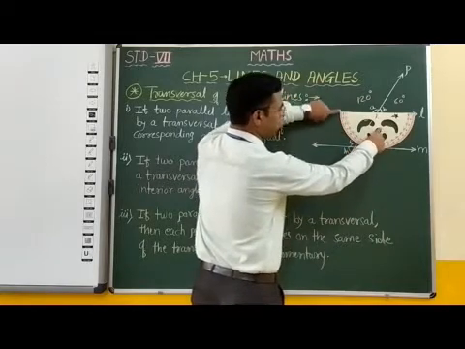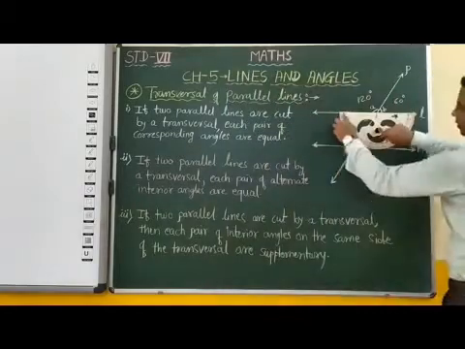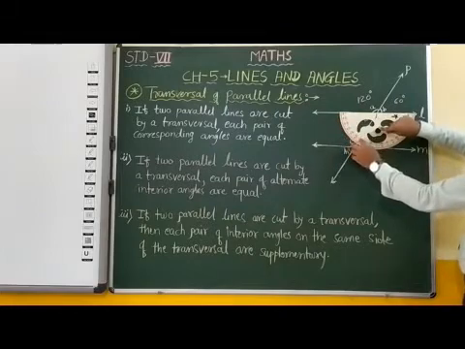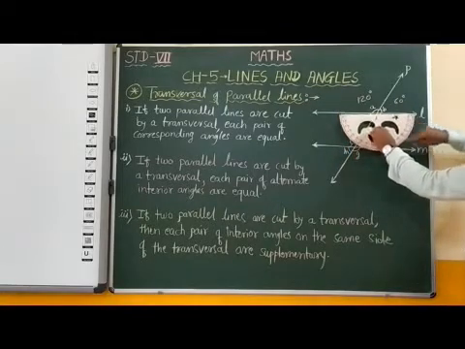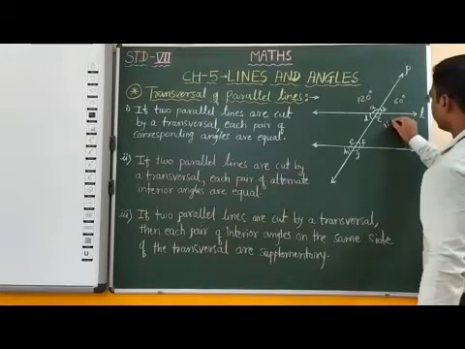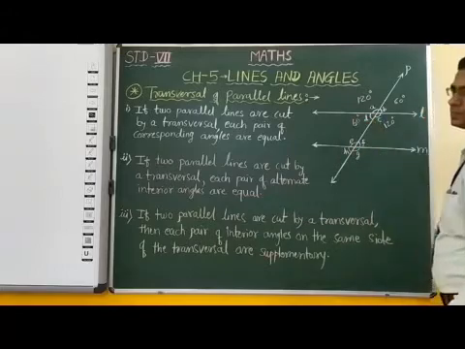And if you measure angle D, then we use the inner scale, 10, 20, 30, 40, 50, 60. Therefore, here angle C is equal to 120 degrees and angle D is equal to 60 degrees.